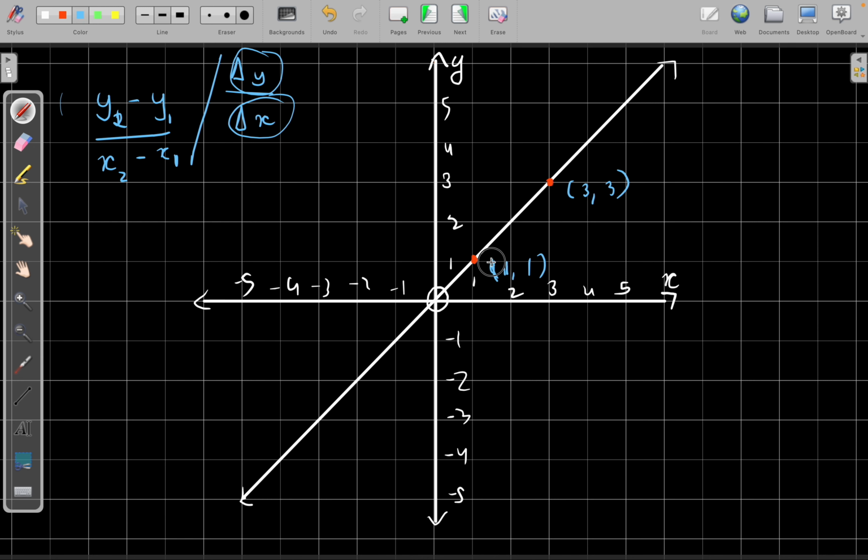Basically a gradient of 1 means we take one step up and one step to the side to get to the next whole point. So what are we doing when we find the vertical and horizontal steps to (3, 3)?